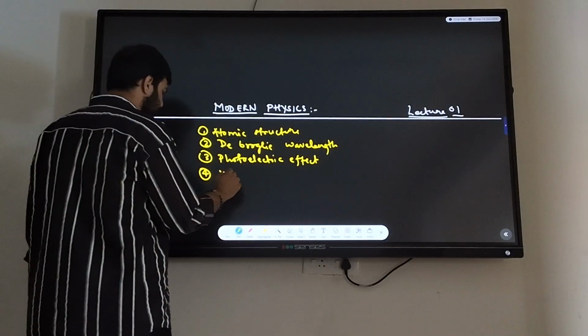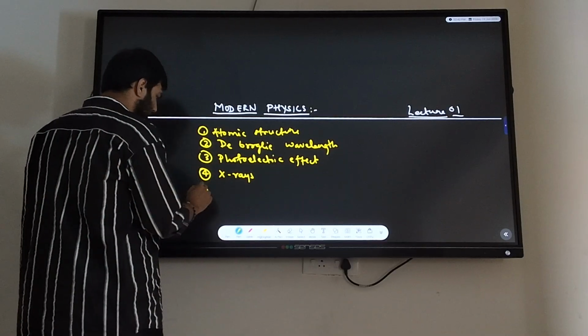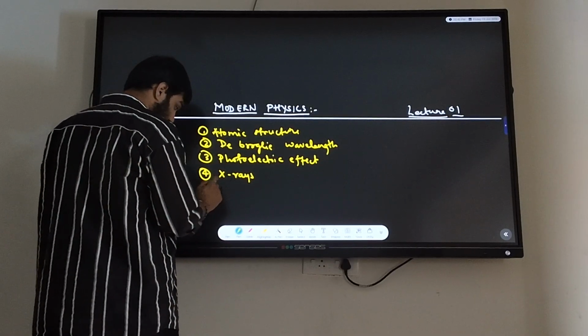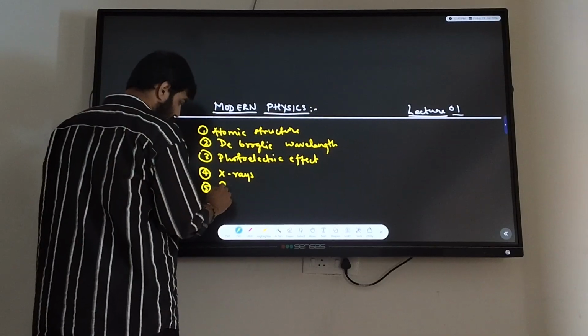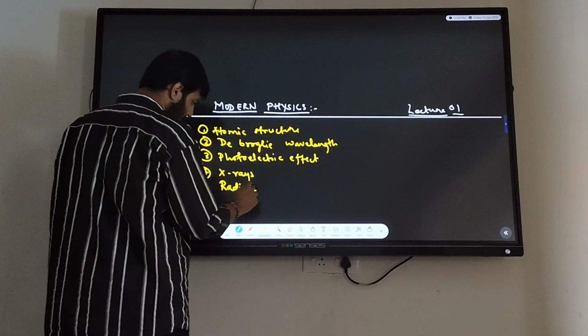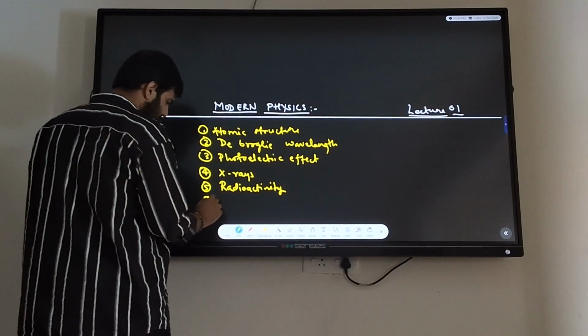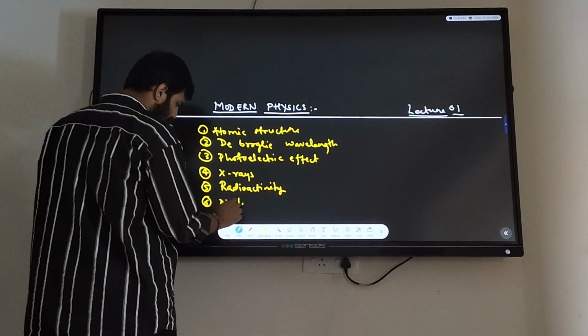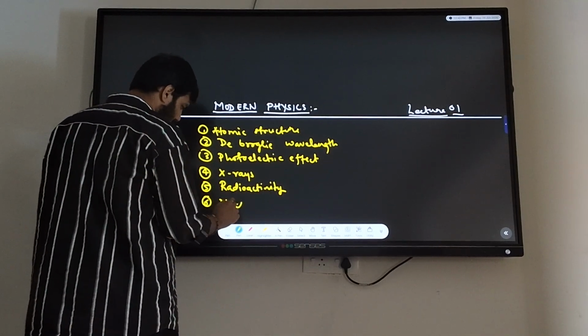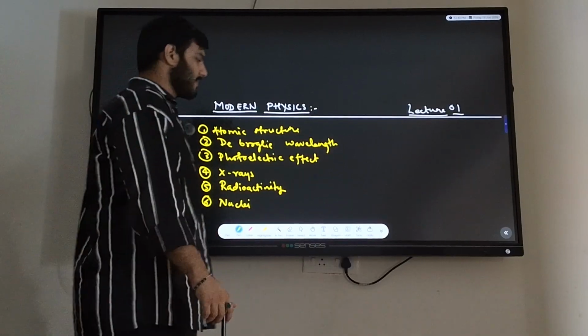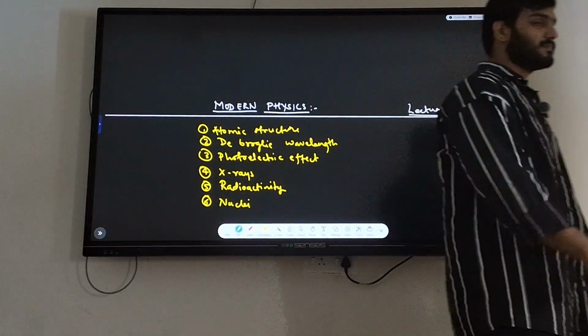Fourth, X-rays. And the fifth is radioactivity. And then the sixth is nuclei. This is the order in which I will go.